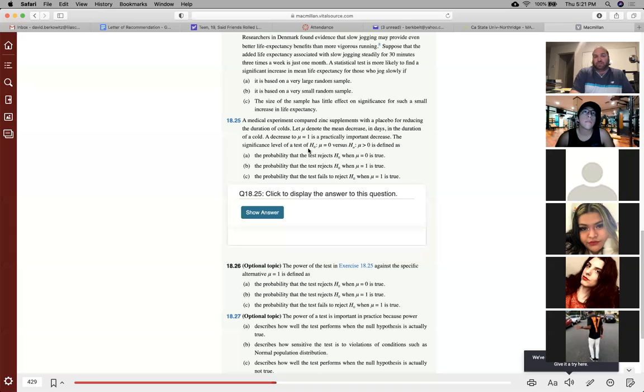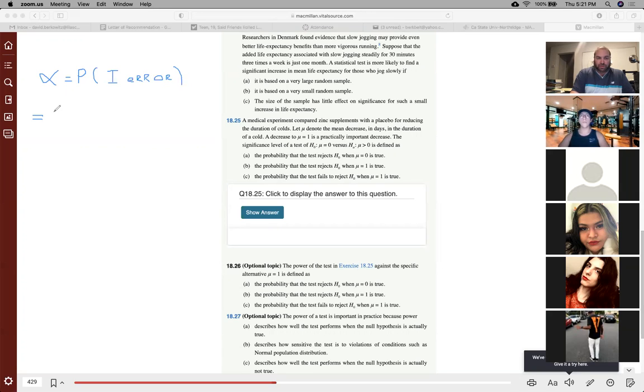The significance level of a test, remember, alpha is the significance level. Alpha is also the probability of making a type 1 error. A type 1 error means rejecting the null hypothesis when the null hypothesis is true.